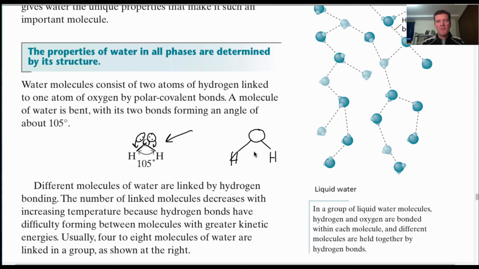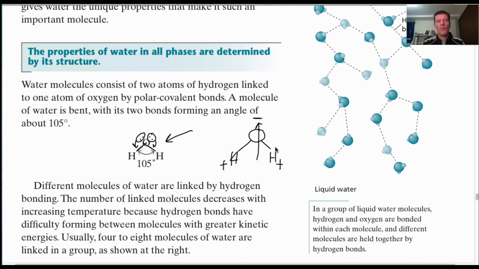If this molecule is not symmetrical, the electrons are going to be spending more time at one end of the molecule than the other end of the molecule. Remember, we call that being polar, polarity. So polarity just means that oxygen is going to be pulling the electrons. It's more electronegative. It's going to be pulling the electrons to its side a little bit more, and the hydrogens are going to lose those electrons, and so they're going to become a little more positively charged.